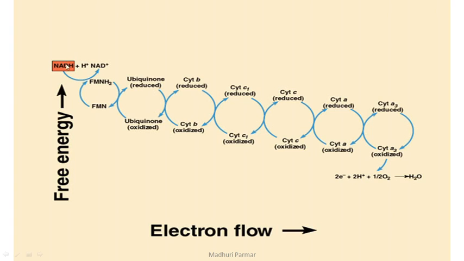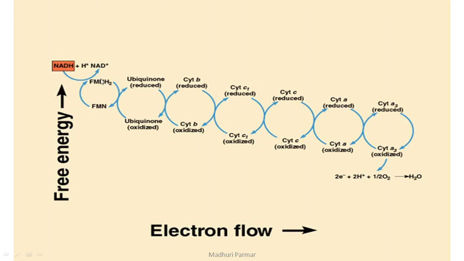NADH passes its electron to FMN, FMN passes it to ubiquinone, ubiquinone passes it to the cytochrome Bc1 complex, then from the Bc1 complex to cytochrome C, cytochrome C to cytochrome A and A3 of the cytochrome C oxidase complex, and from that complex it is finally given to oxygen.